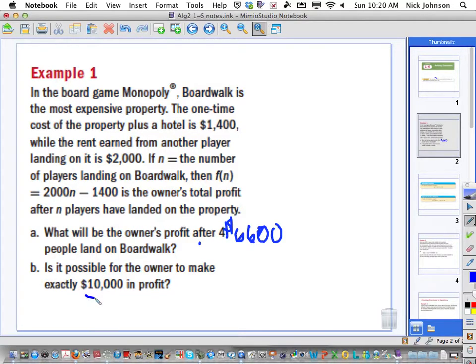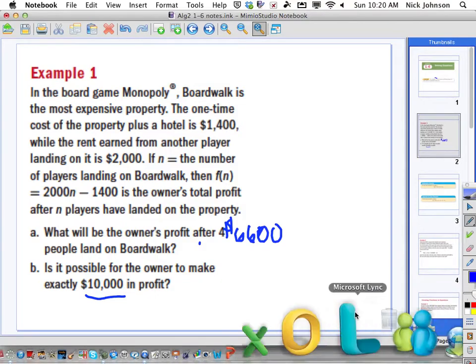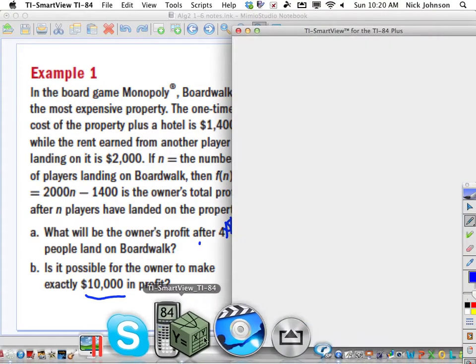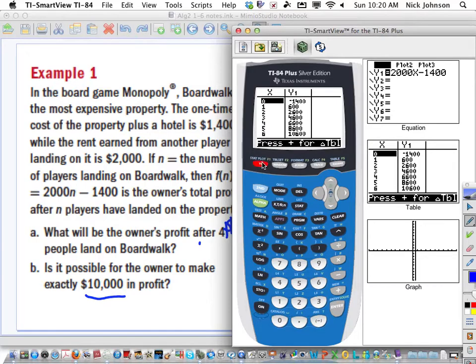Now, what I like to do for this is put the y value that we're trying to find, that number, in for my y2. Because what this is going to create is just a little line that shows me where this function and 10,000 intersect. So let's graph that.